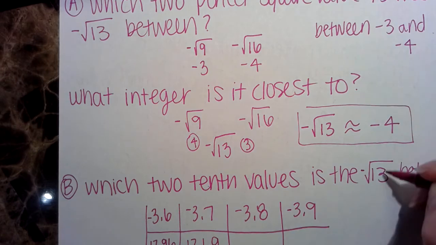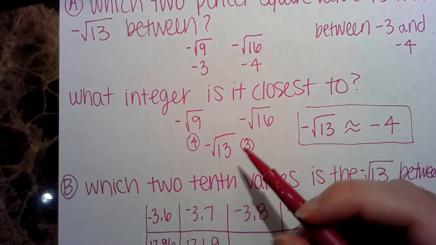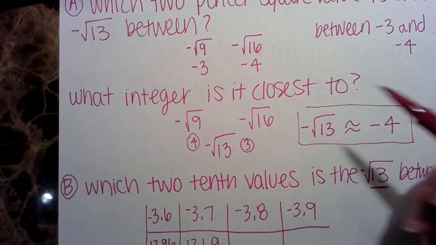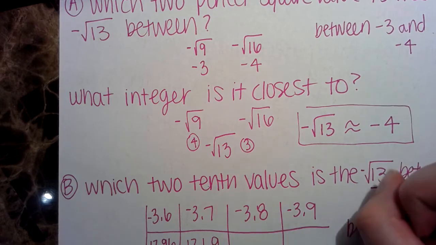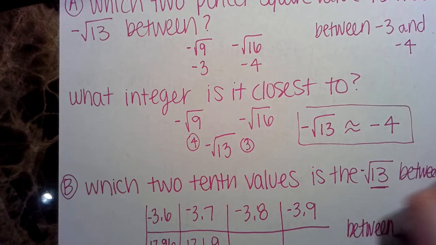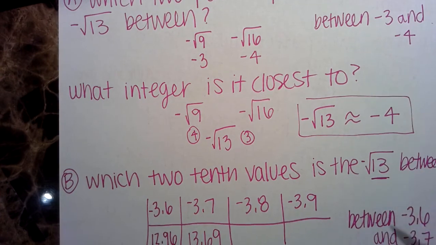Remember, I'm trying to find what's underneath, so that 13. I already know it's got to be between one of these values, so I know it's between -3.6 and -3.7.